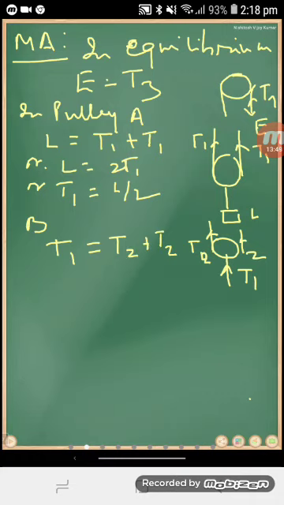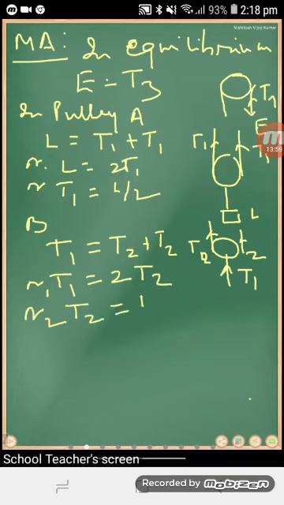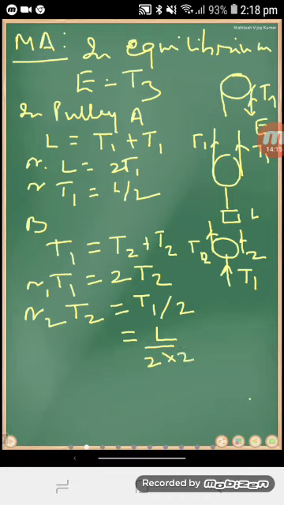That is T1 will be equal to twice of T2, or T2 will be equal to T1 by 2. Now T1 is equal to L by 2. So this becomes L upon 2 into 2, or we can also write it as L upon 2 to the power 2.